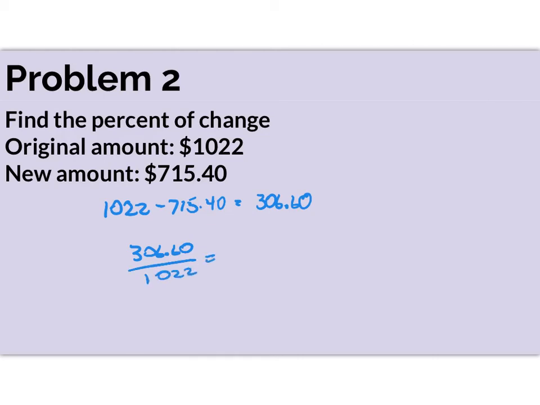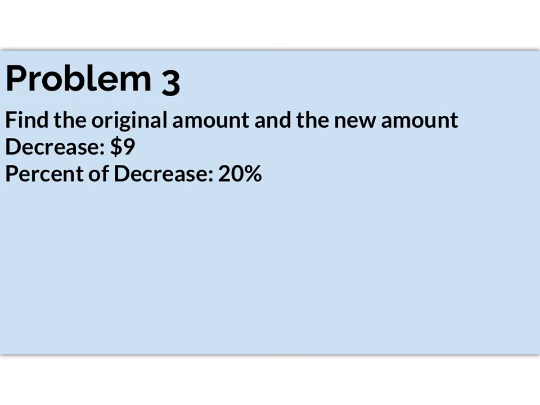And that will give us 0.3. Multiplying by 100 is 30%. So this is a 30% loss or a 30% discount because the number went down.